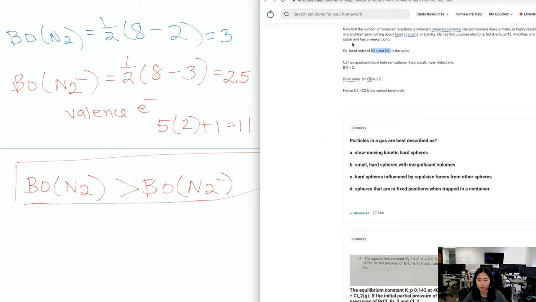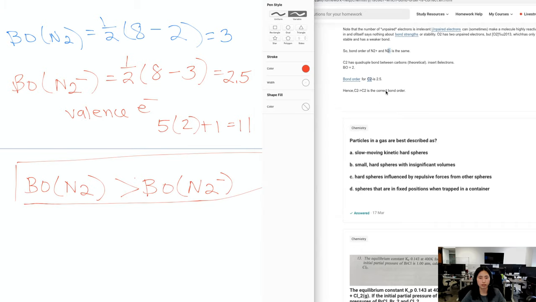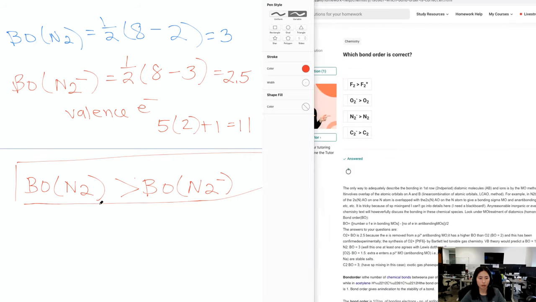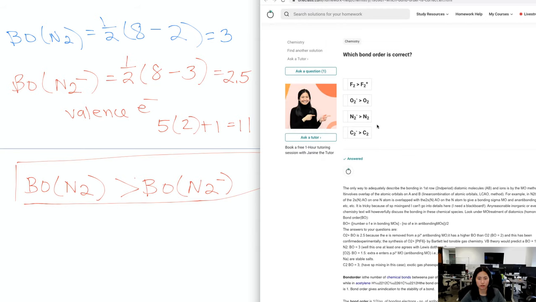So there might be a typo in this. Hopefully that makes sense because they're looking at N2 plus, right? And we're looking at the neutral dinitrogen, right? So that's why it's different. However, they're looking at N2 minus as well, and we're also looking at N2 minus. But then we're comparing two different things, right? So I would stick to this. N2 and you have N2 minus.